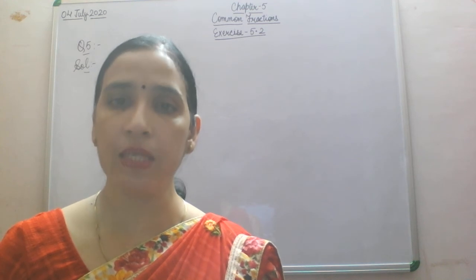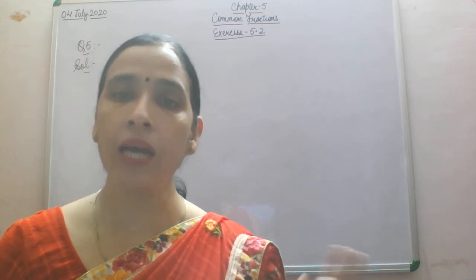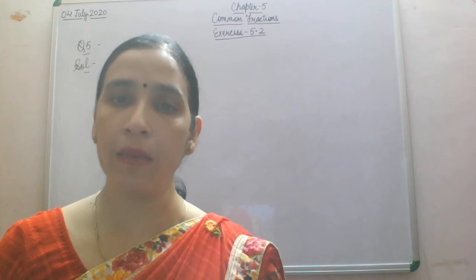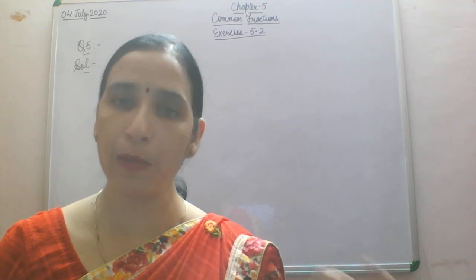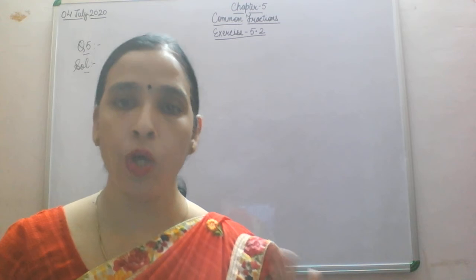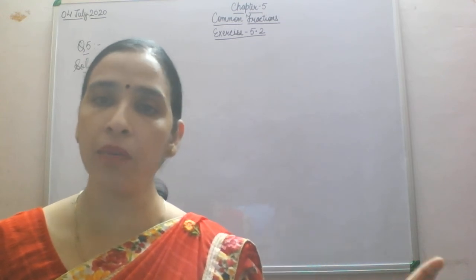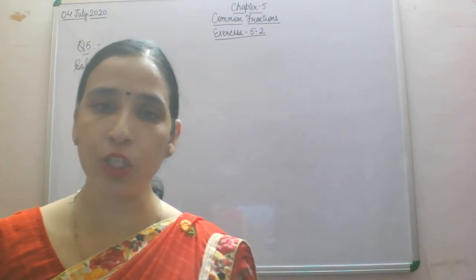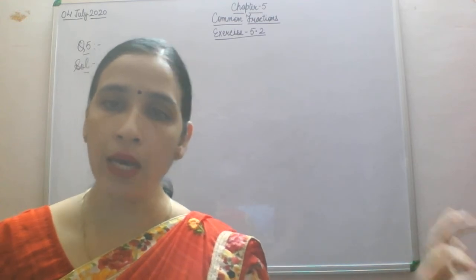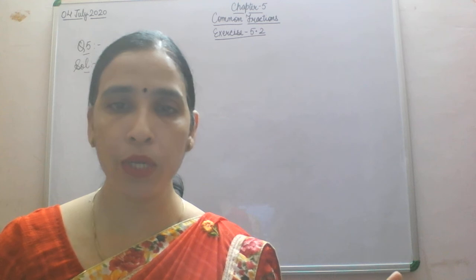What will be the first statement? Now fraction of time, how much time taken by Vishal and Abdul is given in fraction. So that will be the statement only, fraction of total time taken by Vishal and fraction of total time taken by Abdul. That fraction you are going to write.